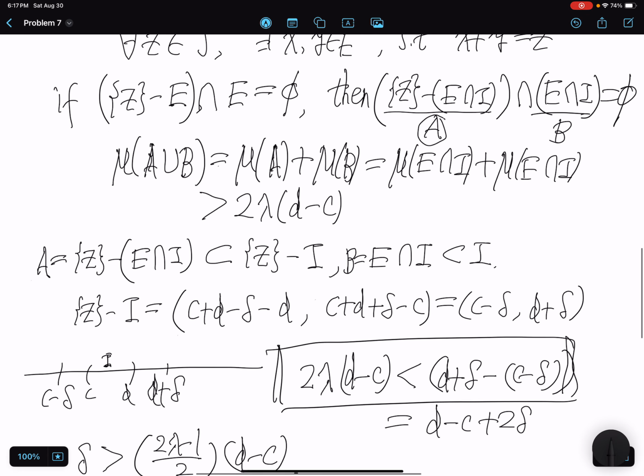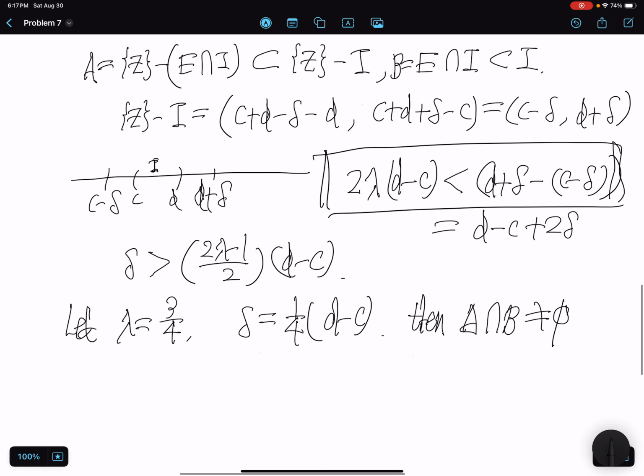If A and B intersect, then Z minus E intersect E is not empty.